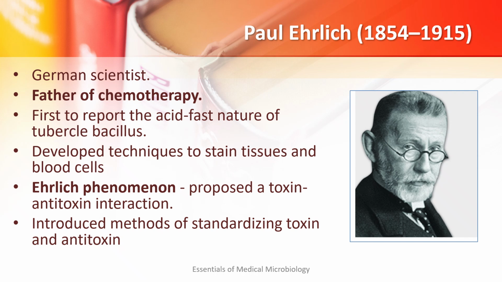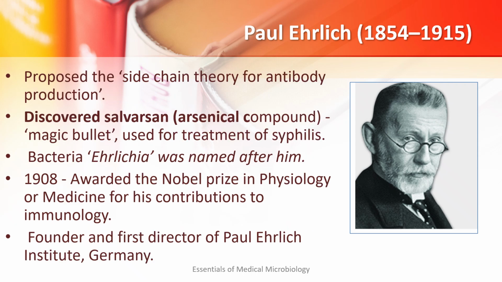That phenomenon concerns toxin-antitoxin interaction. Then he introduced methods of standardizing toxins and antitoxins. He also proposed the side chain theory for antibody production, and he discovered salvarsan, an arsenical compound called the magic bullet, used for the treatment of syphilis.